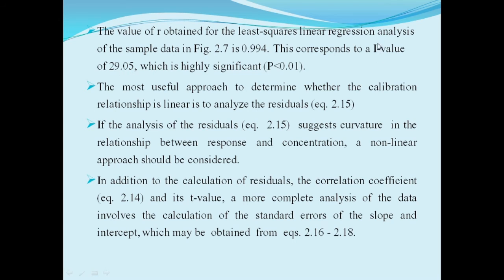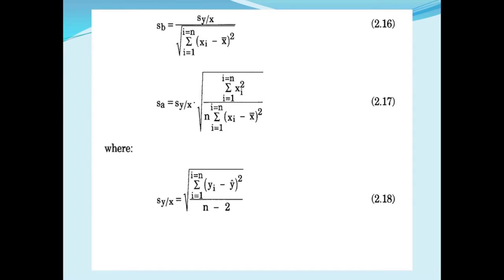Here it is the t value, sorry for the mistake, I wrote it incorrectly. The correlation coefficient R and its t value are one part; a more complete analysis of the data involves the calculation of the standard errors of the slope and intercept, which may be obtained from equations 2.16 to 2.18.